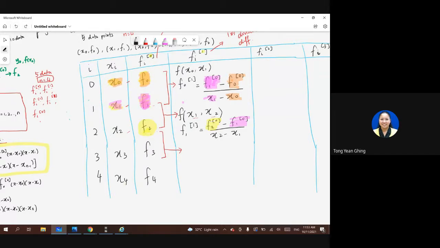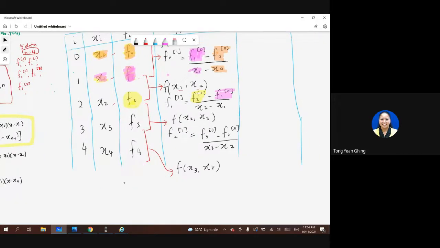So now consider x2 and x3. So f2 first become, ini continue, f3 naught minus f2 naught divided berapa? So awak tengoklah, now we consider x2 and x3. So that means x3 minus x2. And then the last one, these two, which we consider x3 and x4.